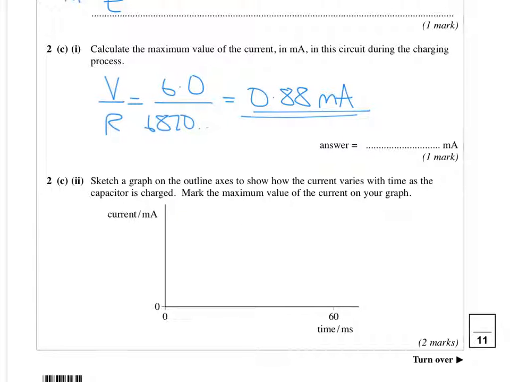Whether it's charging or discharging, the graph would always be an exponential decay for the current. So it looks something like that, and on this axis this would be 0.88 milliamps at the start, and it should be pretty close to 0 by 60 milliseconds. So it looks something like that.